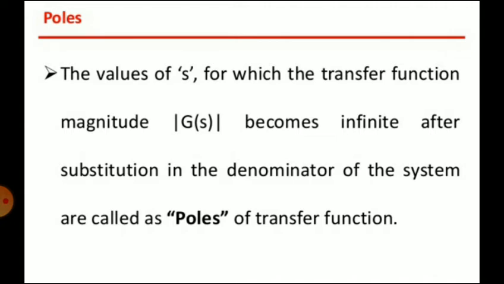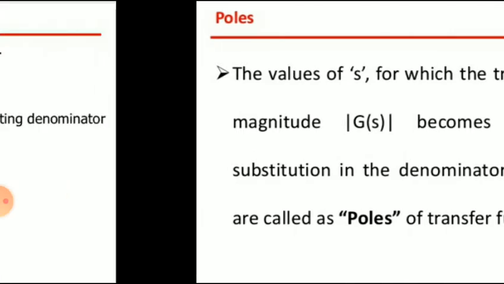In other words, the values of s which make the transfer function infinite after substitution in the denominator are called poles of that transfer function. So values s1, s2, s3 up to sn are called poles of the transfer function. These poles are nothing but the roots of the equation obtained by equating the denominator of a transfer function to 0.